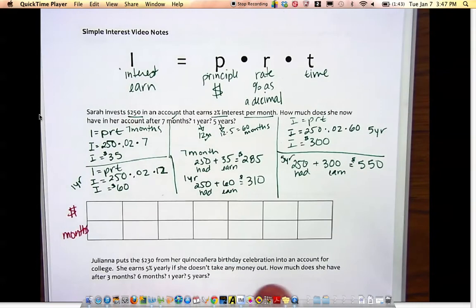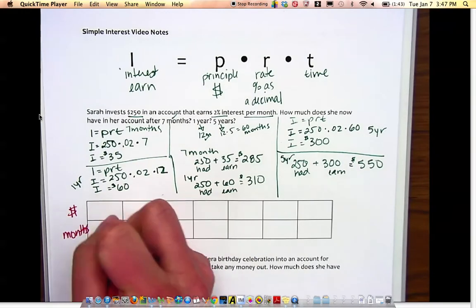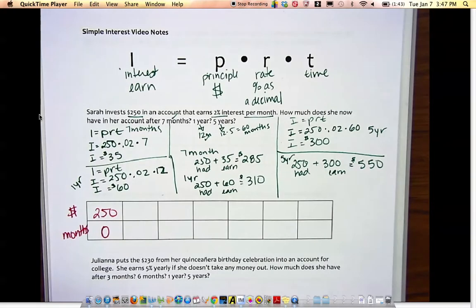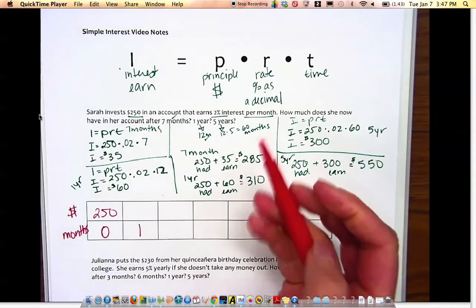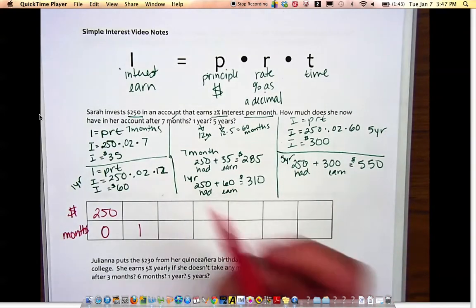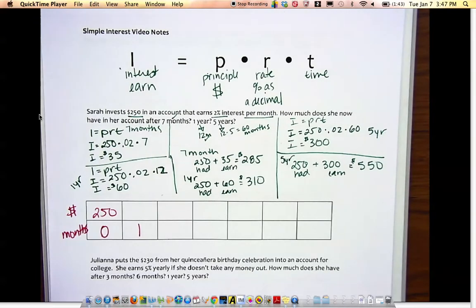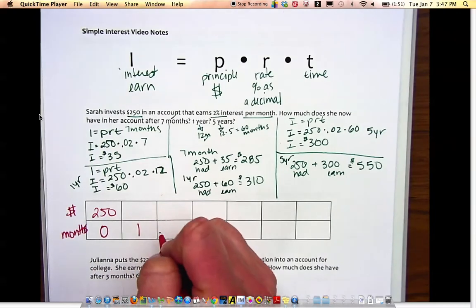All right, so at no months, she has $250. At month 1, because this is a per month thing, we're going to take our $250 times our 1 month times our 2% interest, and I see that she earns $5.